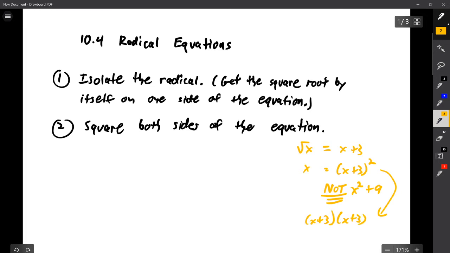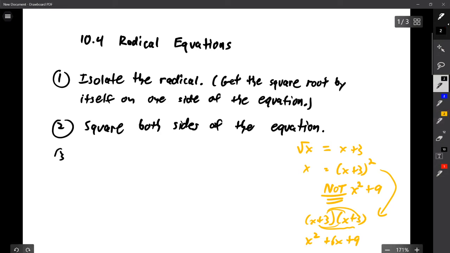And that, we should be decently good at this by now, but x squared plus 6x plus 9. Because x times x is x squared, x times 3 is 3x, 3 times x is another 3x, so you put the two 3x's together, you get 6x, and then 3 times 3 is 9. Okay? All right, so that's that step.